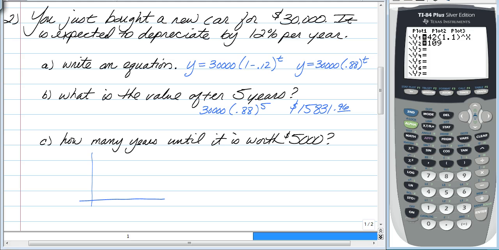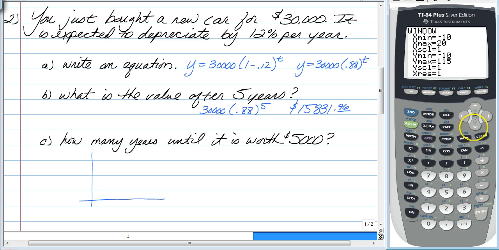So you got to change your Y1 to your 30,000 times 0.88 raised to the x power, and then in Y2 you're going to need to type something bigger than 5,000, so we'll try 5,500, and then you're going to press graph, and again you're not going to see anything, and I'm hoping you remembered that's because it doesn't fit in your current window.